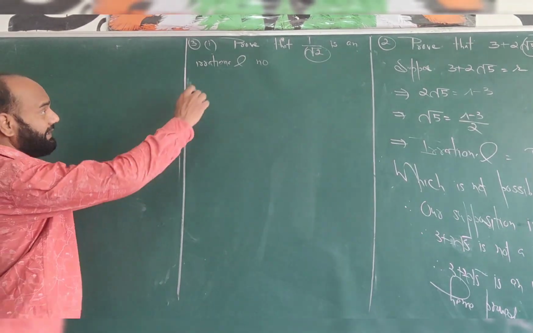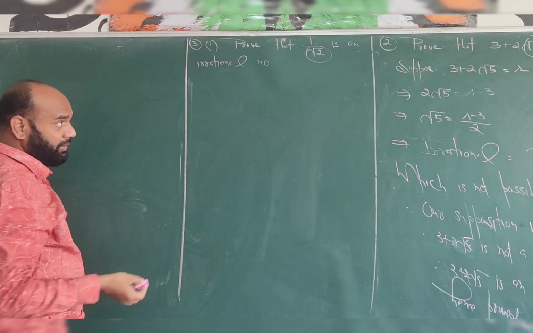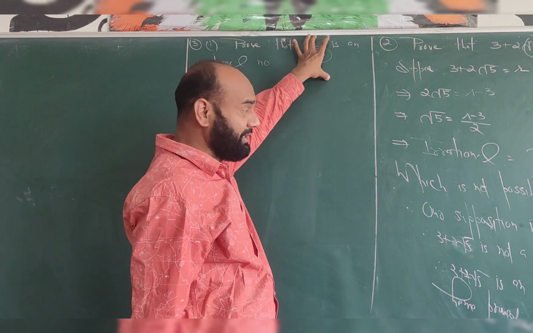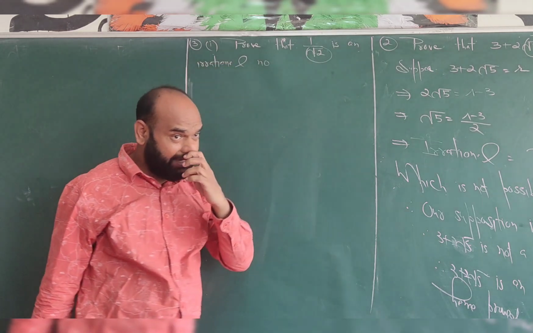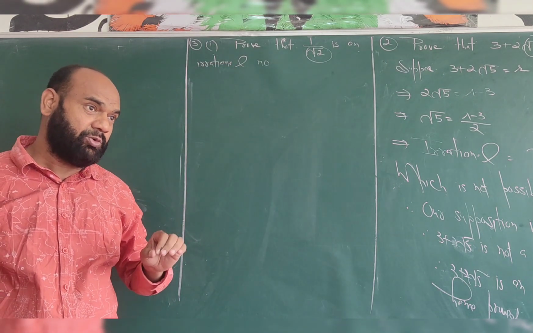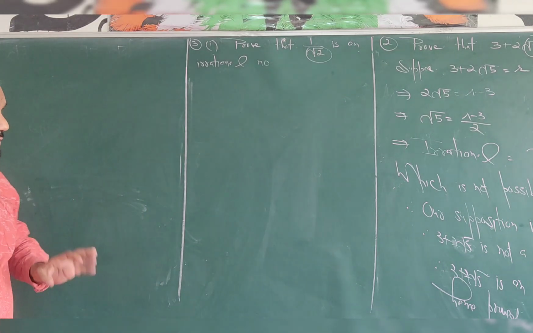According to this method, we take the whole term equal to r and then find the value of the irrational number of type root 2, root 3, root 5 and so on.